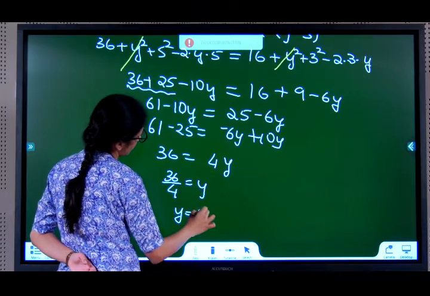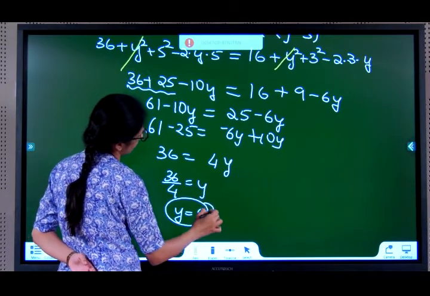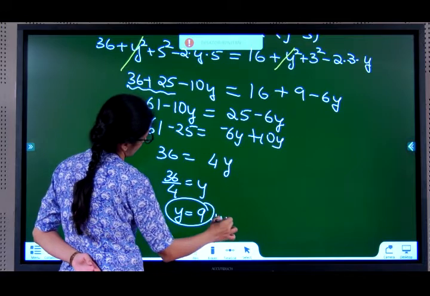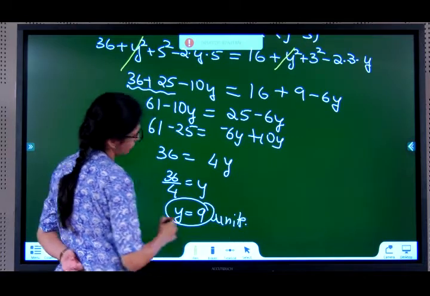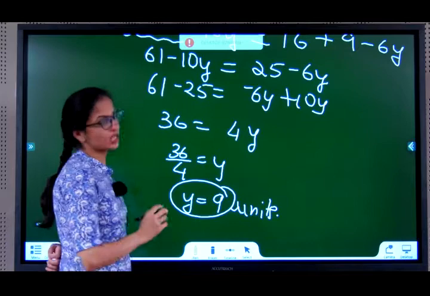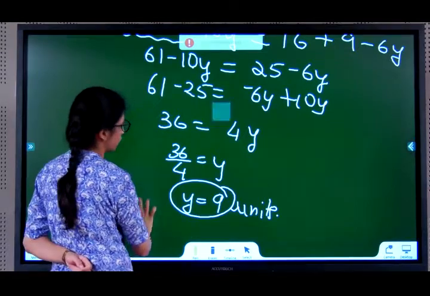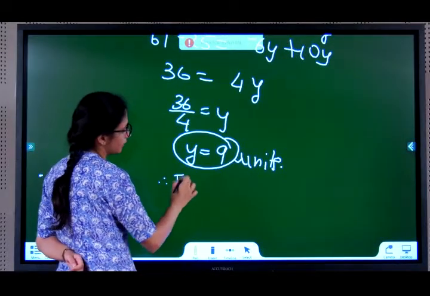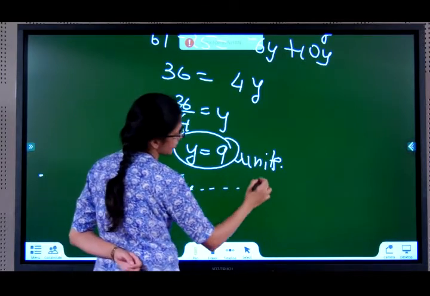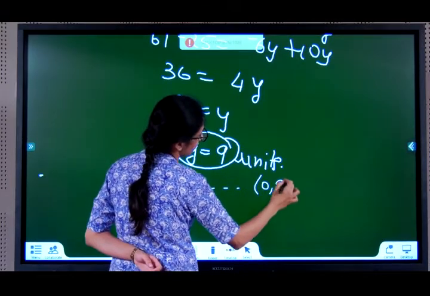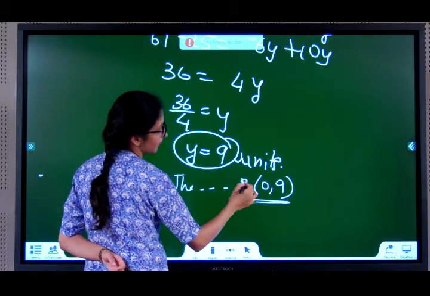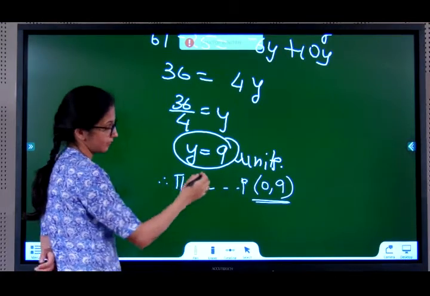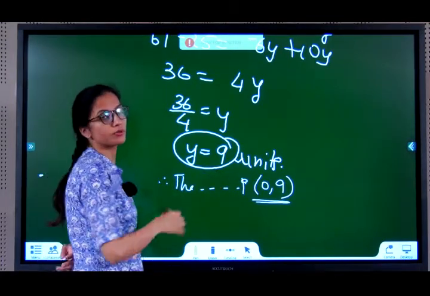Y is equal to 9 units. In the question they have asked for the point, so you can't leave your answer here, you should therefore write, therefore the required point is 0, 9. The point P, 0, y, so substitute, 0, 9.